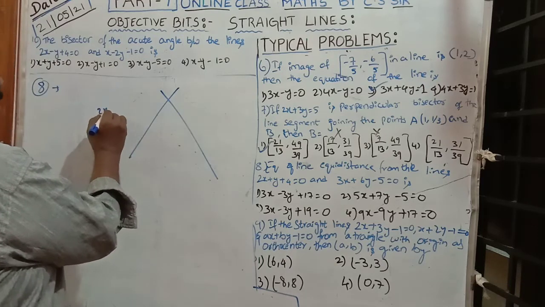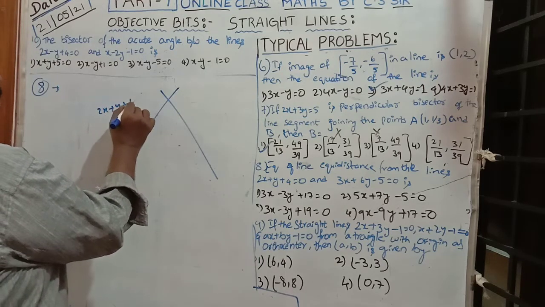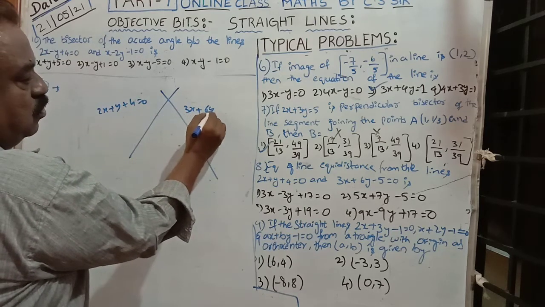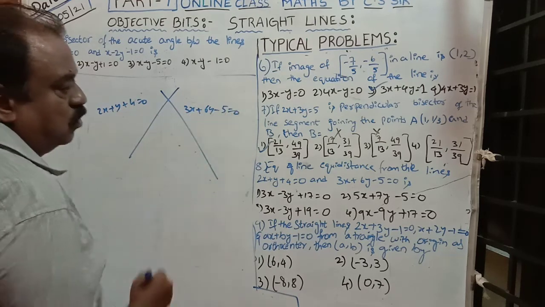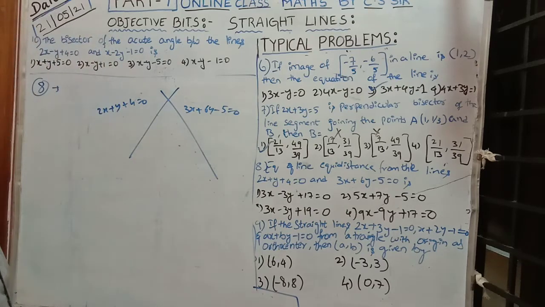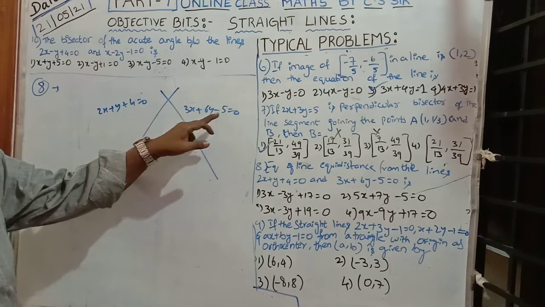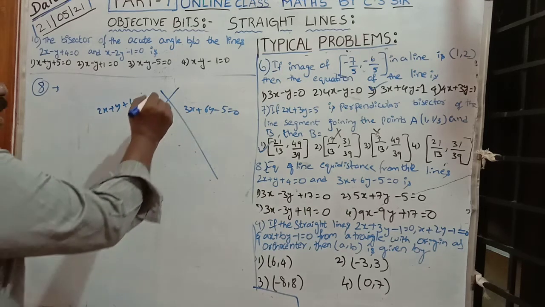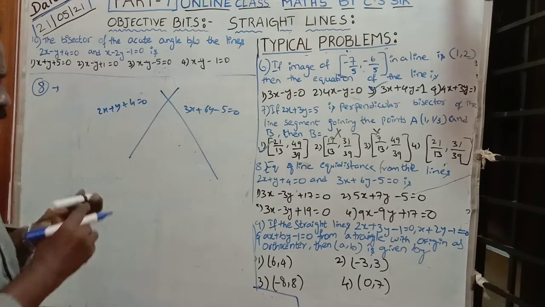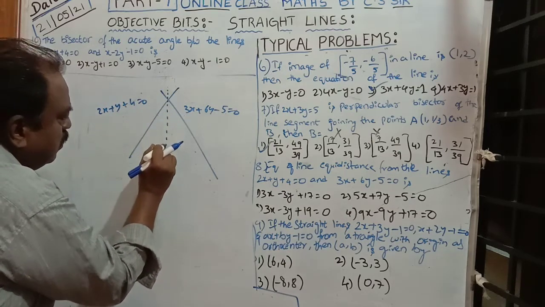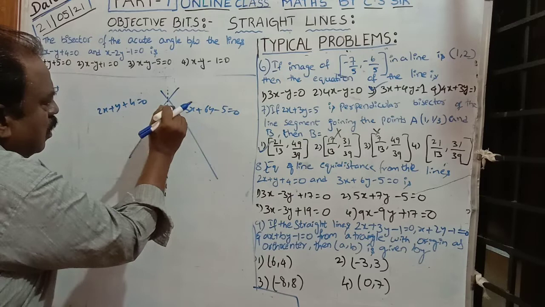One is 2x plus y plus 4 is equal to 0. Another one is 3x plus 6y minus 5 is equal to 0. Okay? 2x plus y plus 4, and this is 3x plus 6y minus 5. A line is like this, a line is like this, and that is like this.